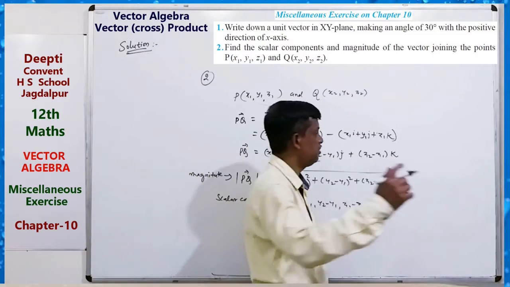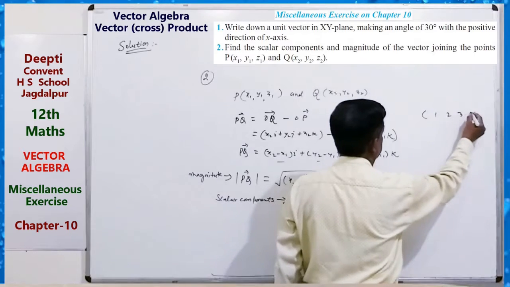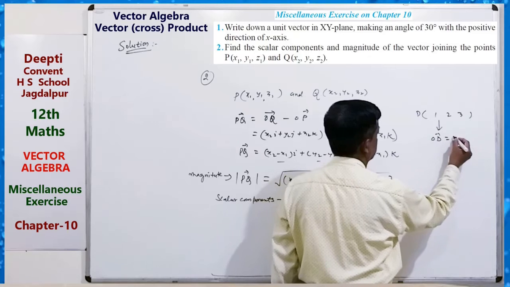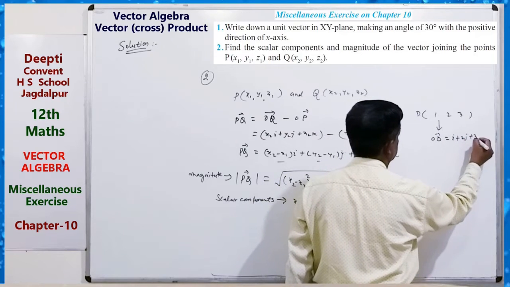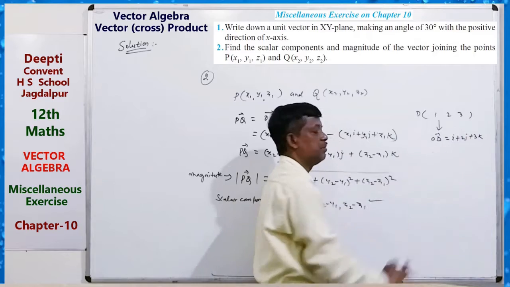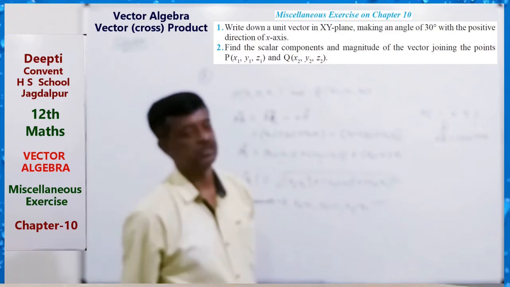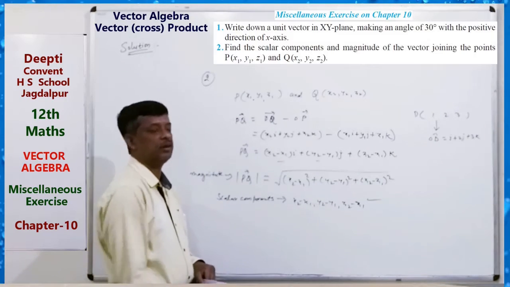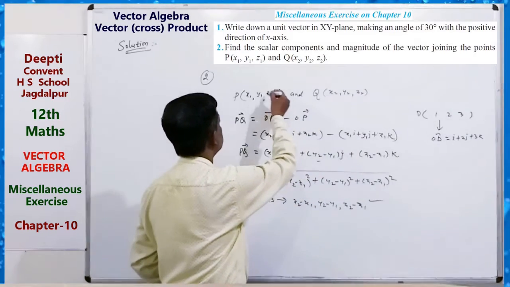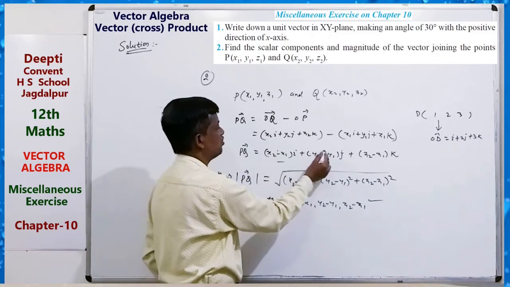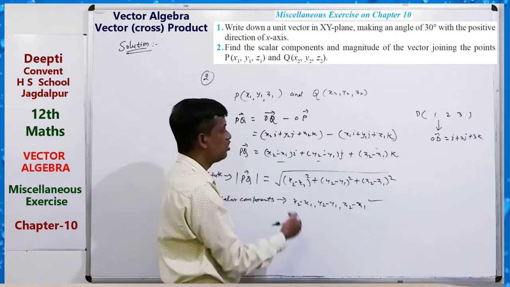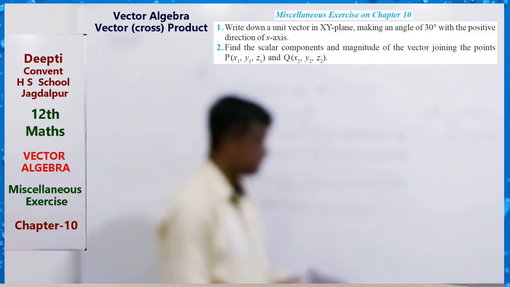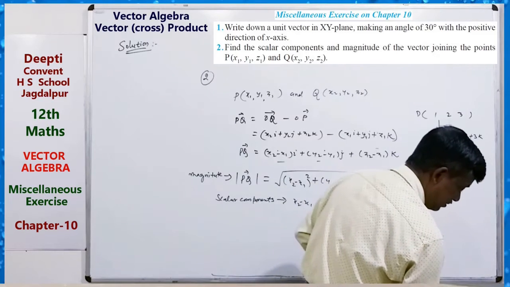Suppose we have a point 1, 2, 3, and call it point D. Then OD equals I plus 2j plus 3k, just multiply and add with i, j, k. So we write the position vectors, get the vector PQ, the coefficients of i, j, k are the scalar components, and take its modulus for the magnitude.